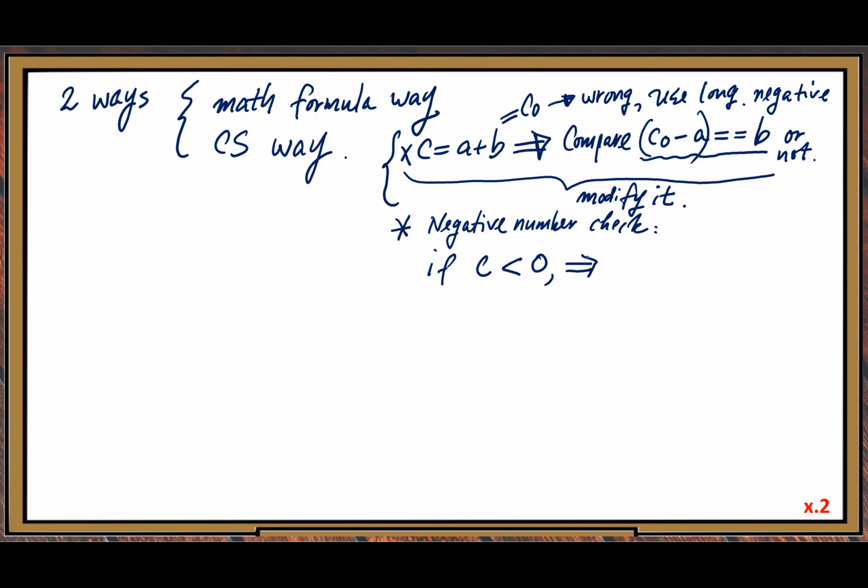You can have the conclusion overflow occurs, because the reason is simple. Fibonacci cannot be negative.